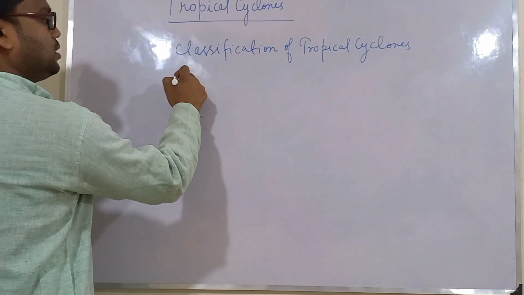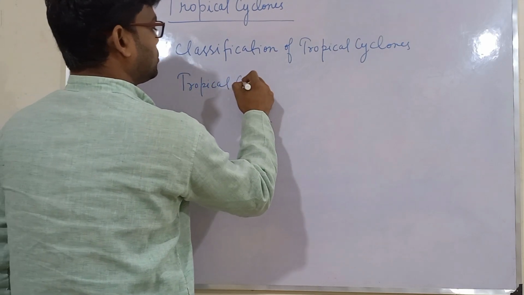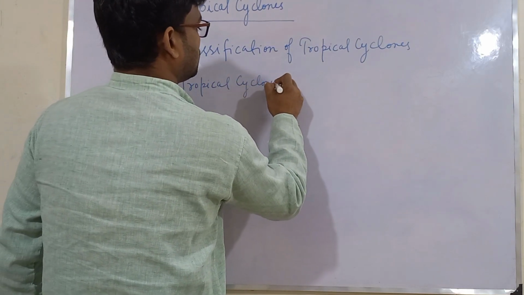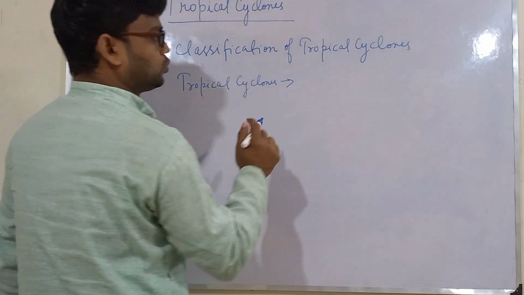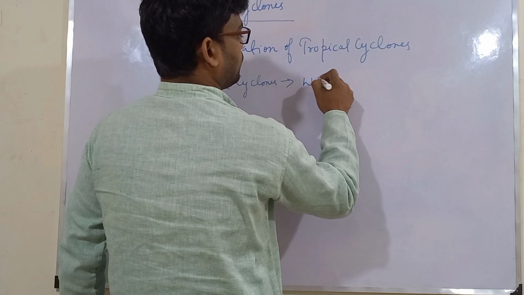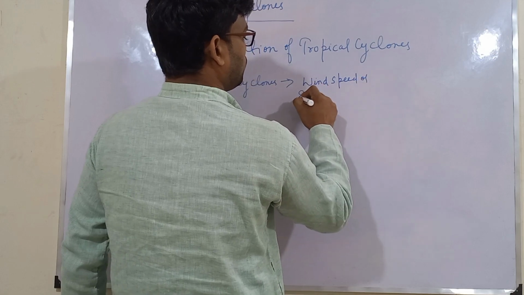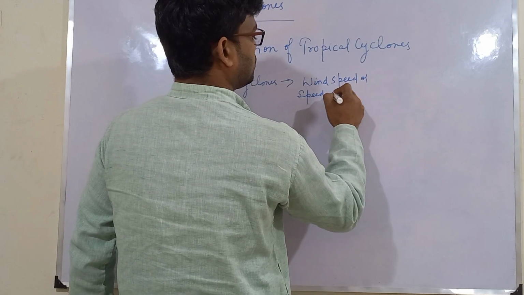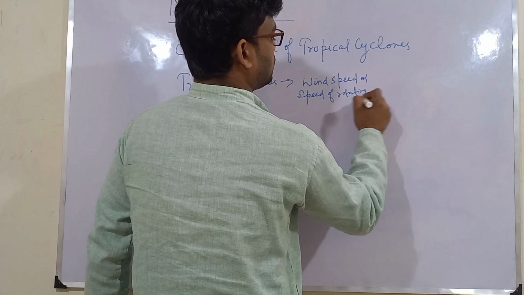Now generally these tropical cyclones are classified based on two things mainly. First one is wind speed, or speed of rotating column.